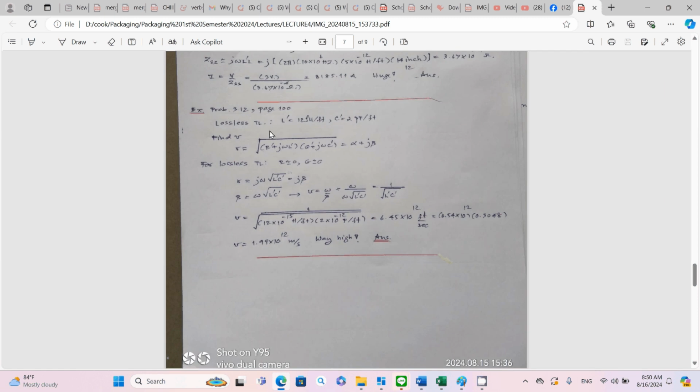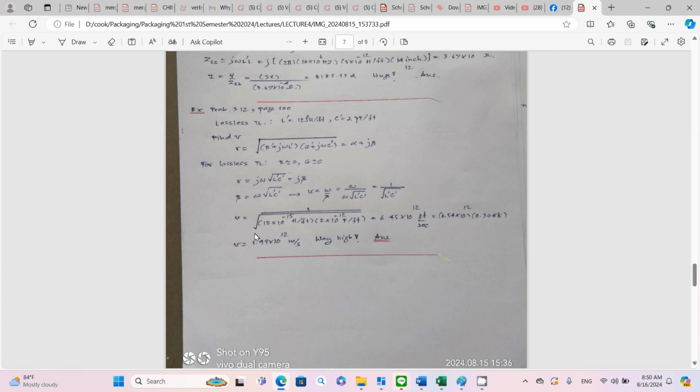Problem 3.12, page 100. As you define the signal velocity along the transmission line, you know that for the lossless line, we talked about it before, the signal velocity along the transmission line is simply equal to 1 over the square root of L prime C prime.